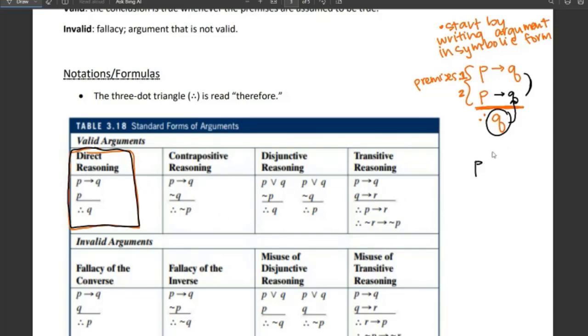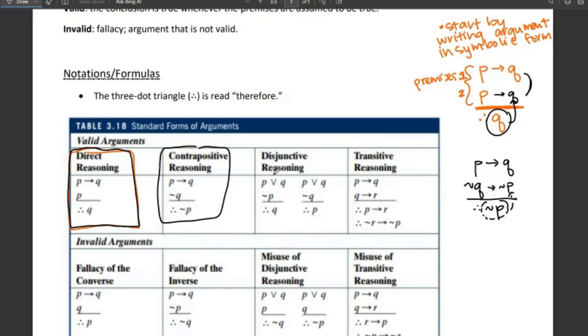So on our contrapositive reasoning, we have if P then Q, and then we have negative Q, therefore negative P. So if I do the same thing and bring negative P up, then this is our contrapositive. Because Q is first, so we've switched our sides, and it's negative now, so we have negated. So the contrapositive reasoning is valid.